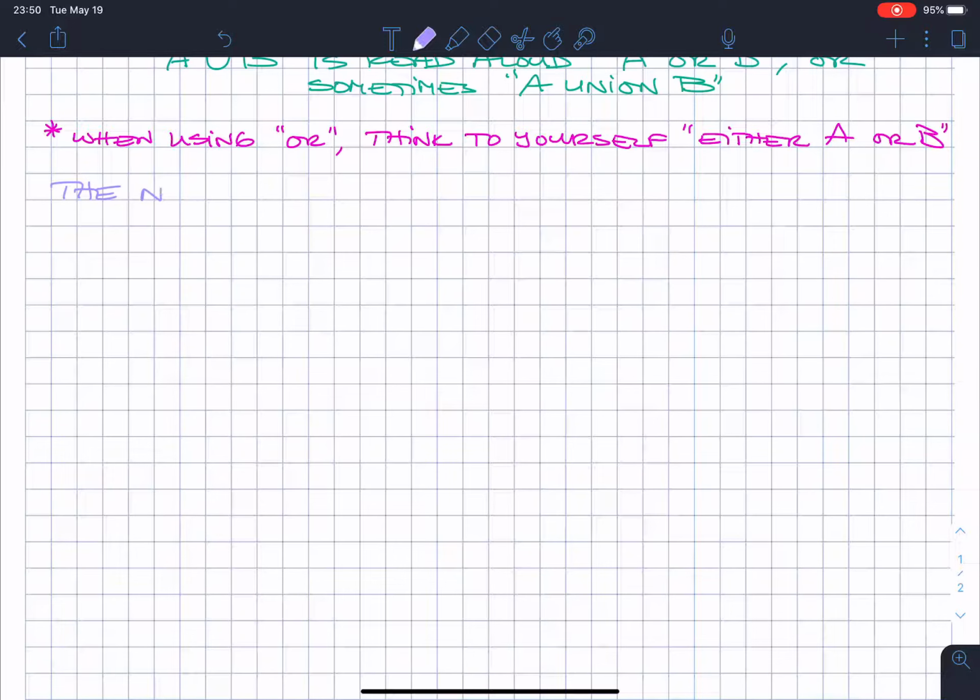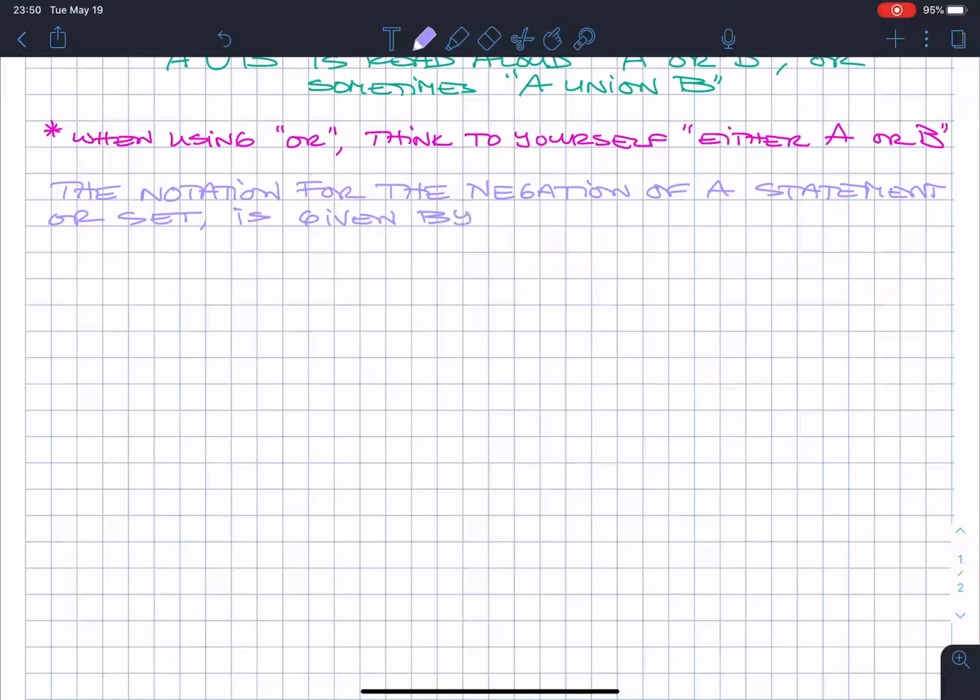The notation for the negation of a statement or set is given by this little squiggly A, which is read aloud not A. Alternately, the equivalent is this blocky symbol here.